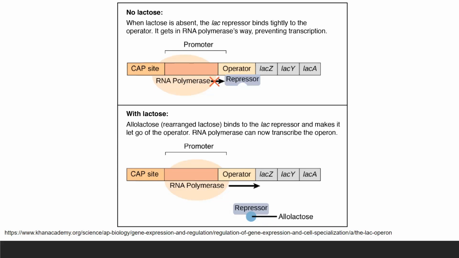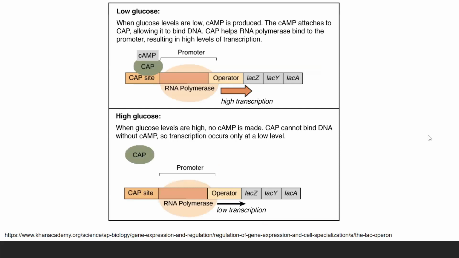Now, another two cases that you need to keep in mind are the presence and absence of glucose. So when there is low glucose in the media, like you will observe after the glucose has been utilized, cAMP or cyclic AMP is produced.